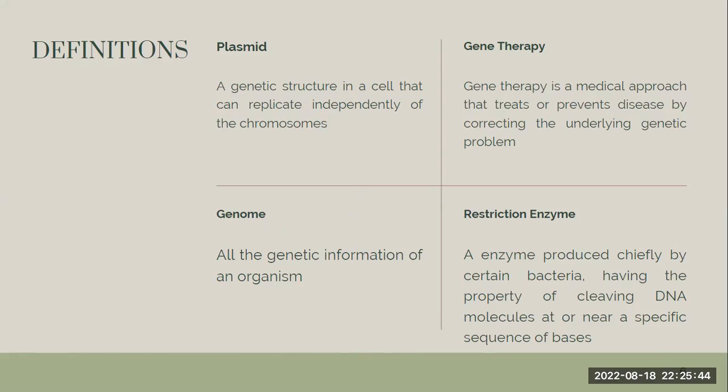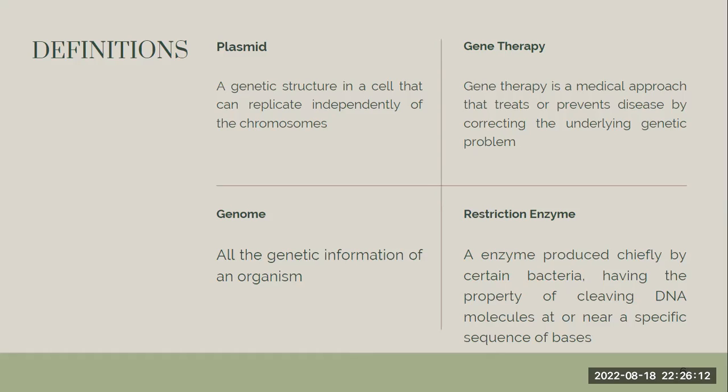A plasmid is a genetic structure in a cell that can replicate independently of chromosomes. Okay. Sabrina, would you like to read what gene therapy is? It is by correcting the underlying genetic problem.